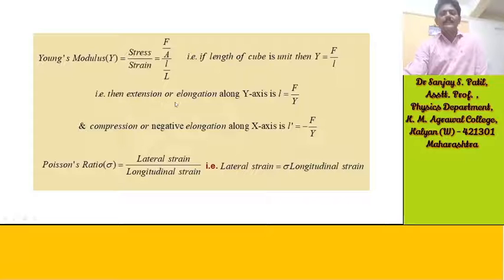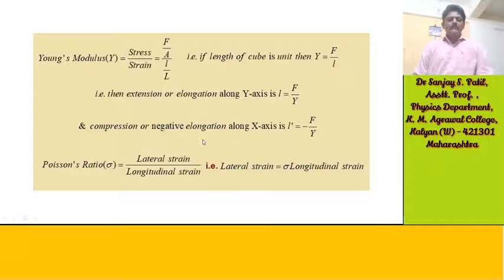Then extension along y-axis is L equal to capital F divided by Y, and compression or negative elongation along x-axis is L dash equal to minus capital F divided by Y.